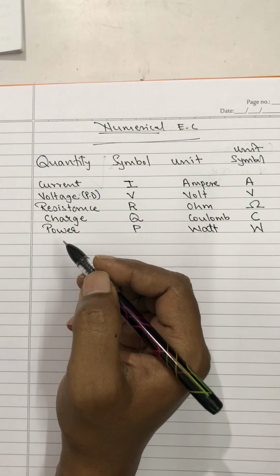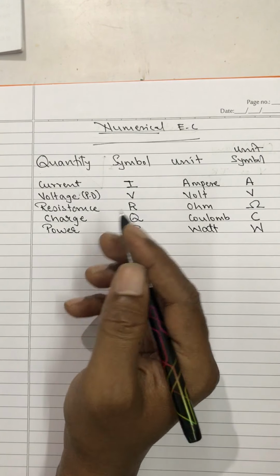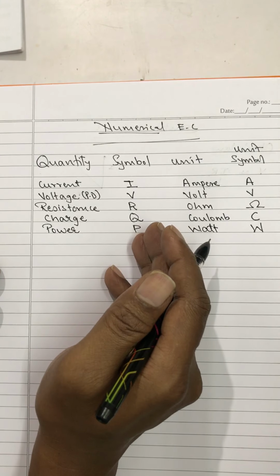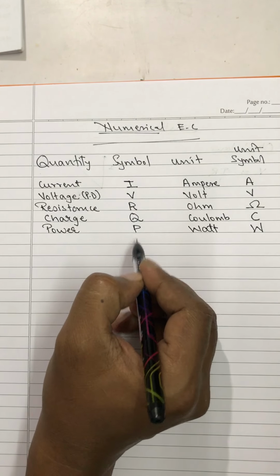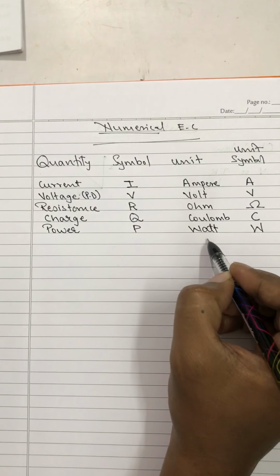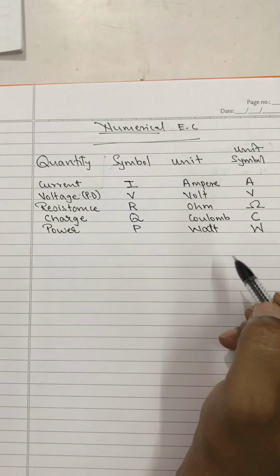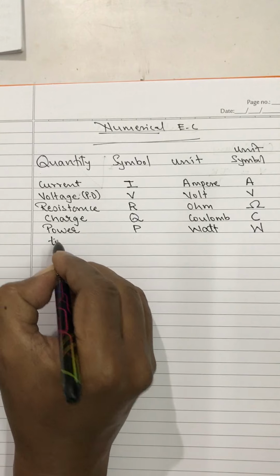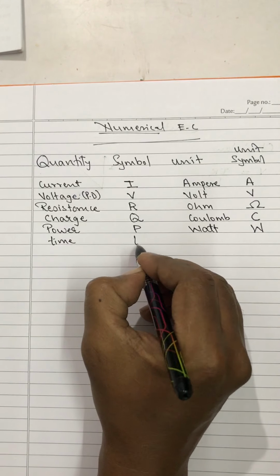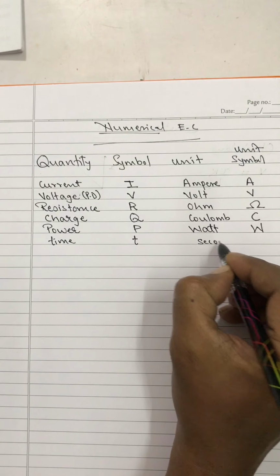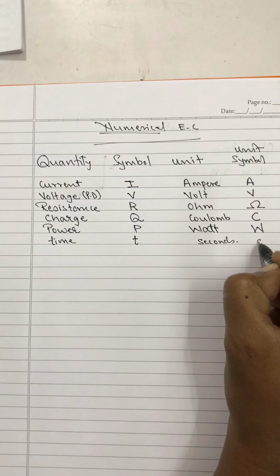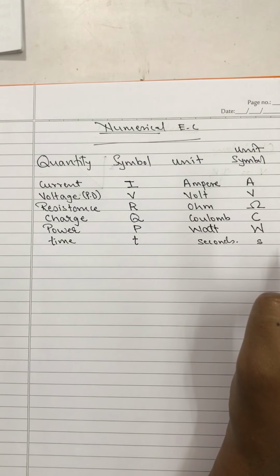Distance sometimes has capital S, sometimes small s, sometimes small d, and the unit is meter, which is m. Time also is important: the symbol is small t, the unit is seconds usually, and small s is the symbol of that unit.